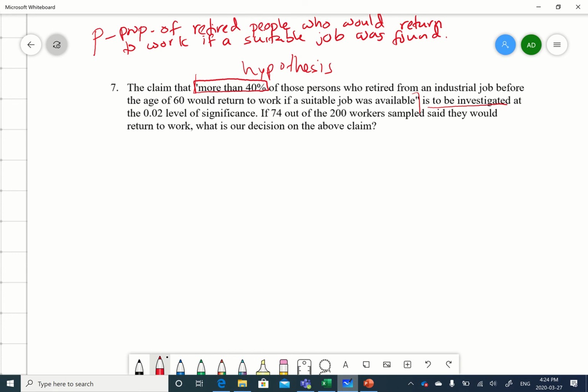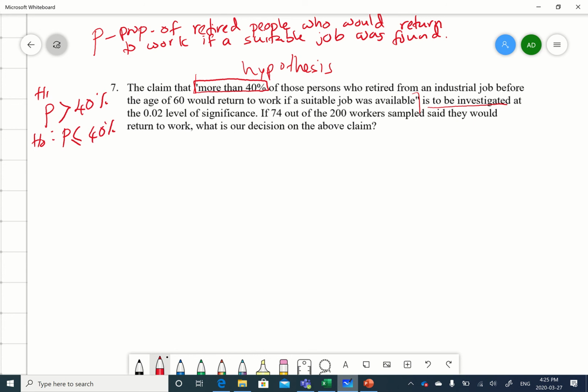So we are talking about the population: everybody, all the people in this world who retired before 60. This is the population proportion, and the hypothetical statement is that this proportion is more than 40%. We don't have the equal sign in it, so this is H1, and the corresponding H naught should be less than or equal to 40%.